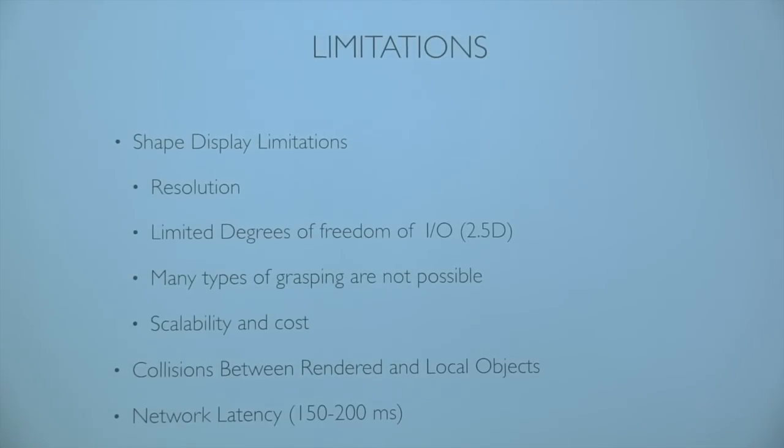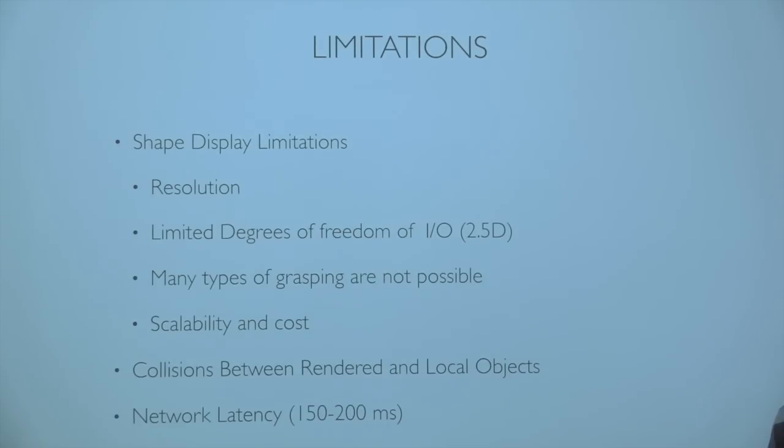And so obviously at this time, you're thinking, hey, this might be kind of interesting, but it seems like there are a lot of limitations with your current implementation. And I would agree with you. I think the current shape display hardware that we have is very limited in terms of the resolution.